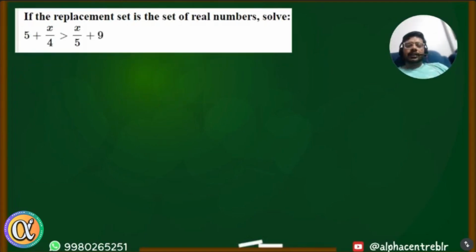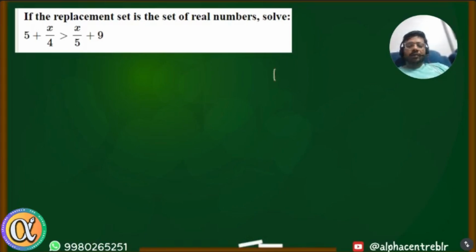Now this is the next question. If the replacement set is the set of real numbers, solve this inequation. For this question, we need to understand that real numbers are different from integers or whole numbers, because integers or whole numbers are only complete numbers, while real numbers can also be fractions and decimal numbers. Between any two integers there can be only a finite number of integers, but there can be an infinite number of real numbers.